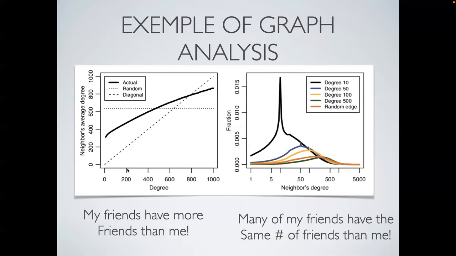If you have a degree of 200, your friends have much more than you. Even if you have 400 contacts, your friends on average have many more friends than you. This is called the friend paradox.